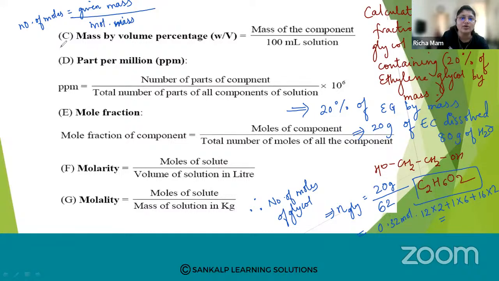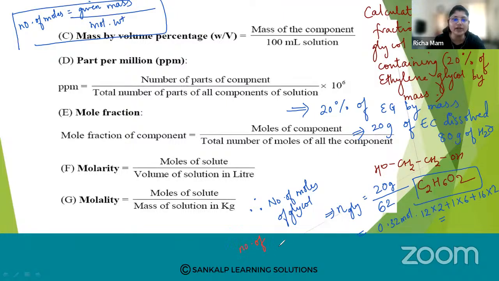So the number of moles: given mass was 20, and the molecular weight of ethylene glycol is 62, so it comes to 0.32.